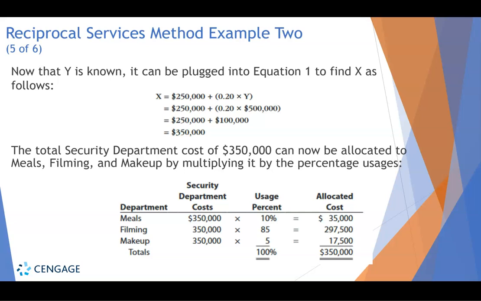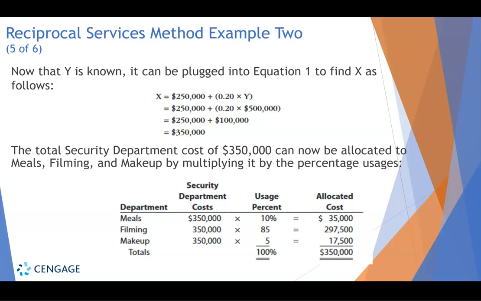The security department is going to be the 250 plus 20% of Y. 20% of Y is 100,000 because we know Y is 500,000. So the security department now is 350,000.